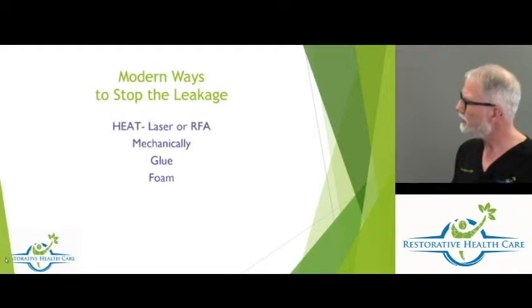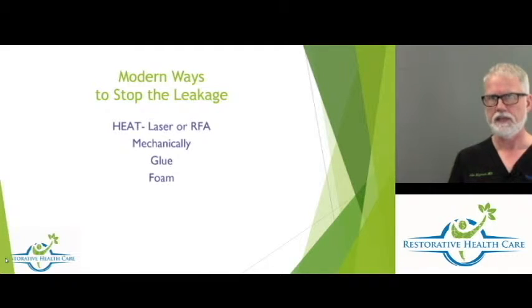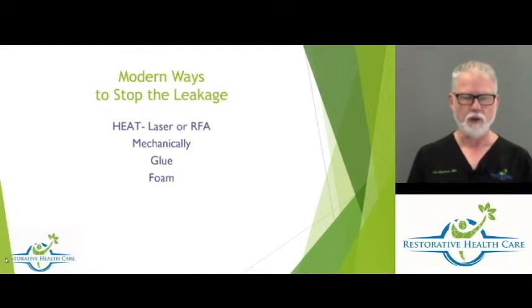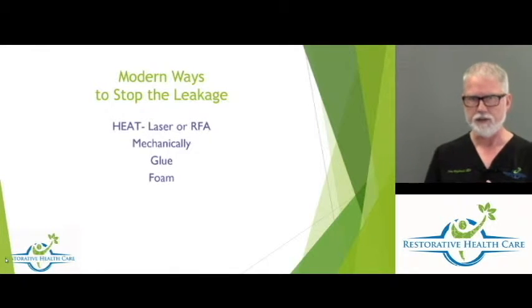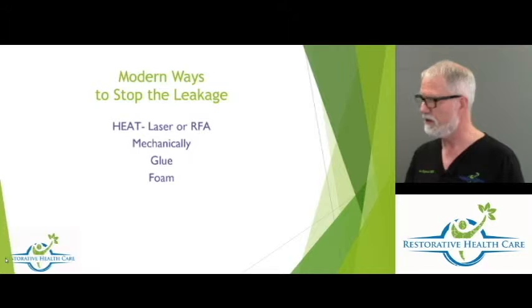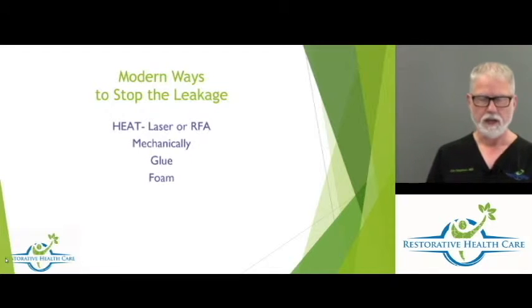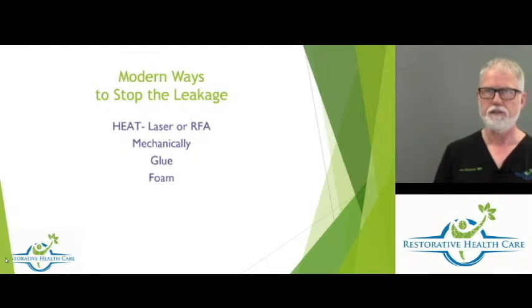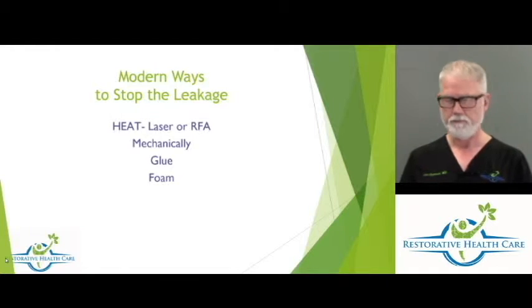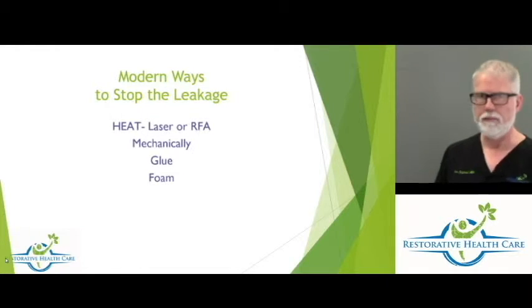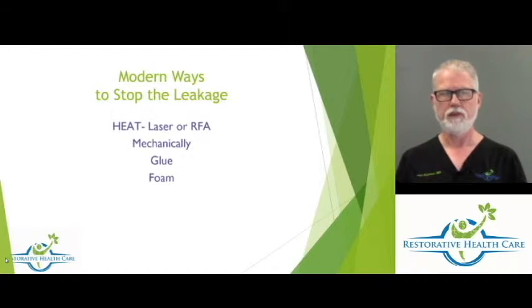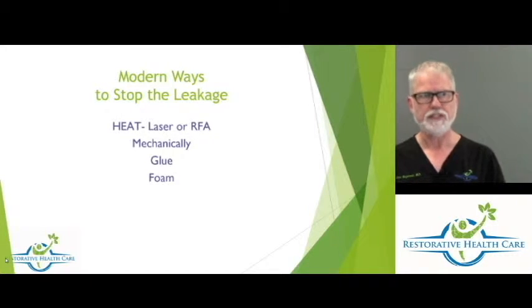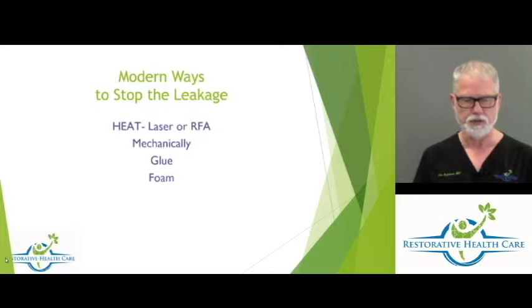The second thing that we can do is something called mechanical ablation, and that's a procedure where instead of using heat, we use some sort of mechanical device, and I'll explain this a little more in a few minutes, but mechanically we destroy the vein and get rid of it that way. And then there's another method where we use a glue type of material to put inside the vein, and it glues the vein closed.